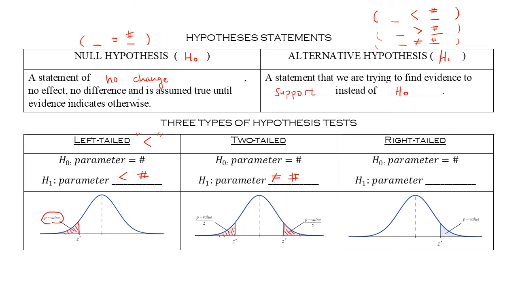So this one always involves the not equal to symbol. And then the right-tailed case will always involve the greater than symbol. In this case, we're writing our alternative hypothesis in the form of our parameter being greater than some number, and the area that we find on the right tail will be what we're using to compute our p-value.